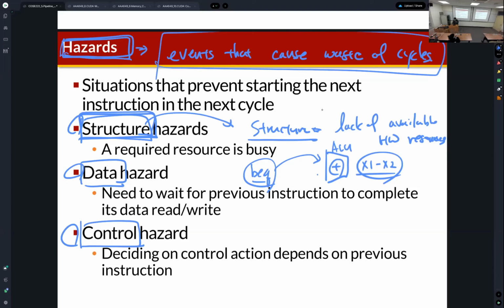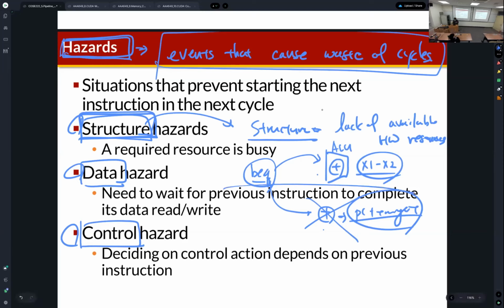And BEQ also needs to use an adder for PC plus target, right? But if this adder does not exist in the processor, then BEQ needs to use the ALU for this add operation. That's why in the single cycle processor, we use an additional adder for the BEQ instruction, right?